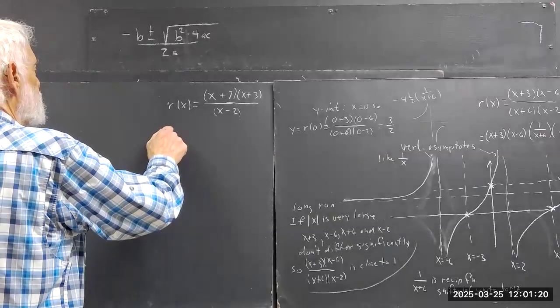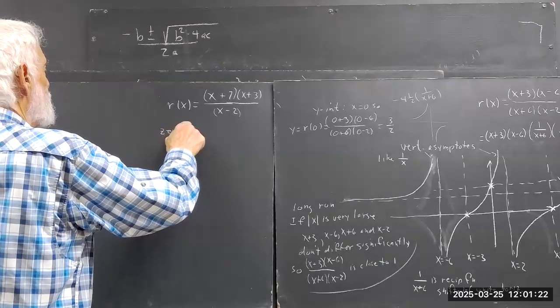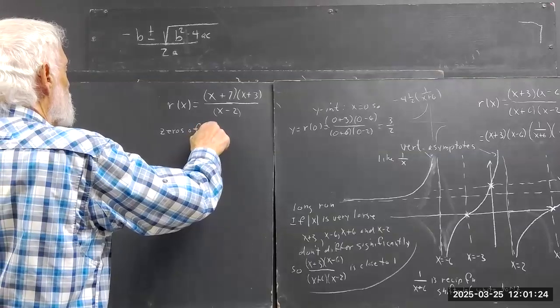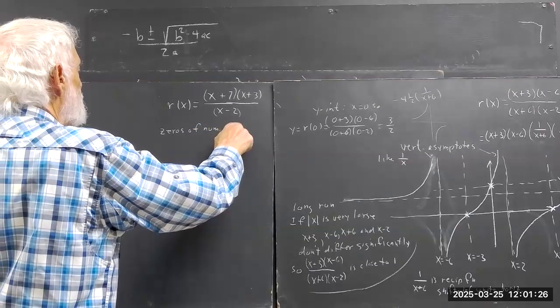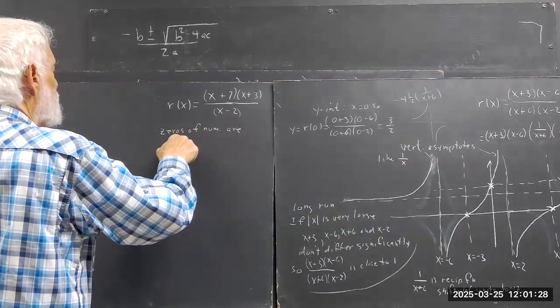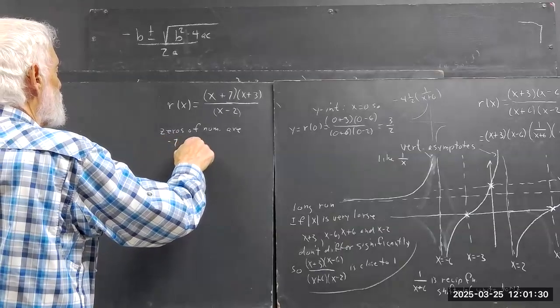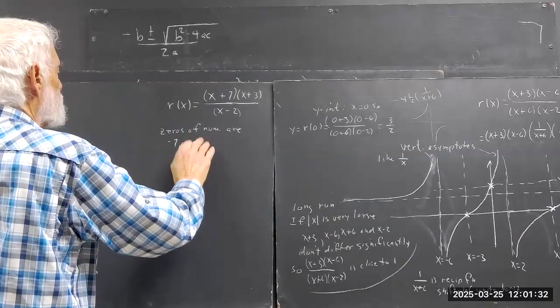And it should be clear that the zeros are negative 7 and negative 3.